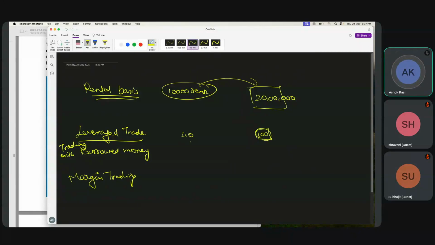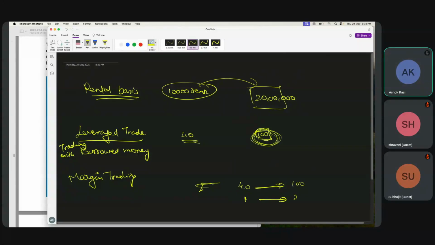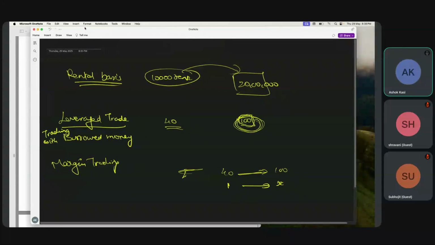So what we are learning is, with 1 rupee, what is the value of the product to which I will get exposure. If I say for 40 rupees I'm getting a product worth 100, I want to know for 1 rupee what will be the value of the underlying asset.